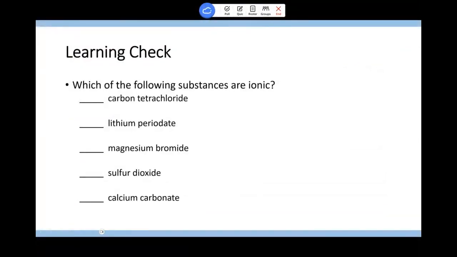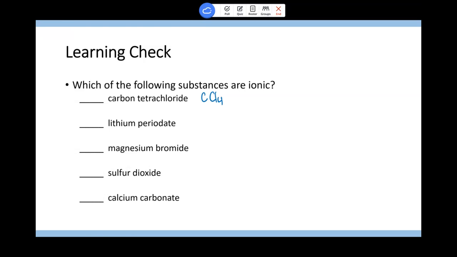Okay, hopefully that will not be an issue again. Okay, so we have carbon and we have 4 chlorine atoms. We have 2 nonmetals. Both are not ions. And so this is not an ionic compound.